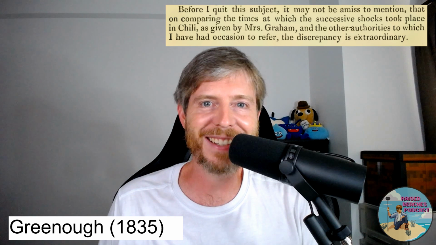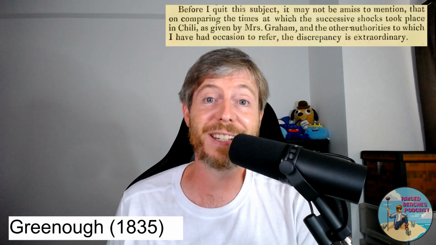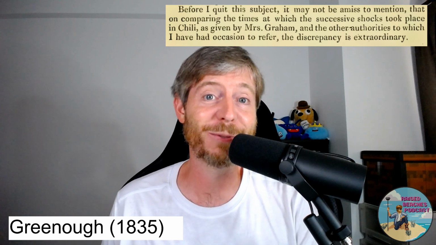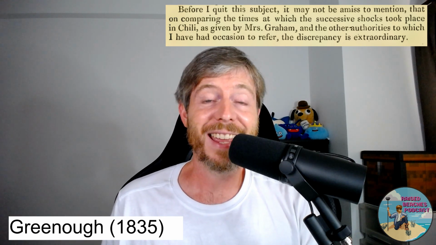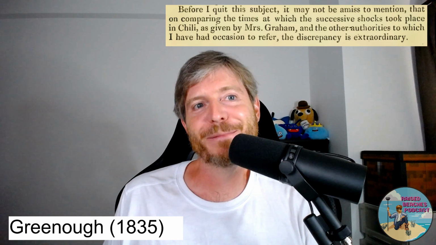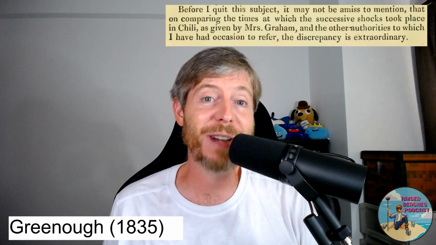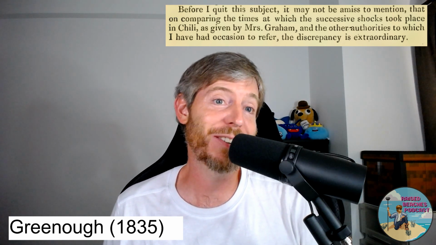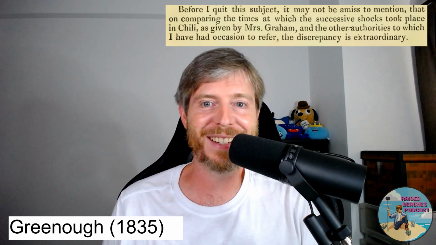Instead, he attacked the credibility of Graham's account of the uplifted beach, the raised beach that was formed during the 1822 Valparaiso earthquake. And yeah, in a very indirect way, he basically accused Graham of lying. And in one account, he said, "Oh, she would have been too scared to have been able to write these detailed descriptions."